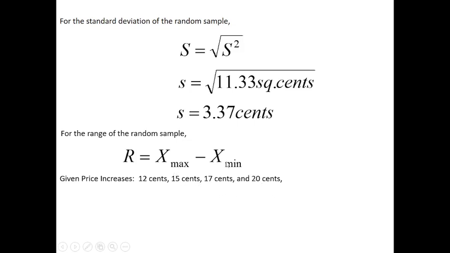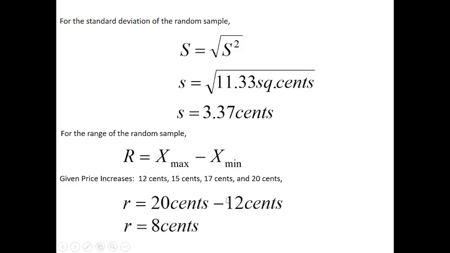The lowest observation value is 12 cents. That's why we have 8 cents as our answer. So that's now the range. The range of the random sample is 8 cents.